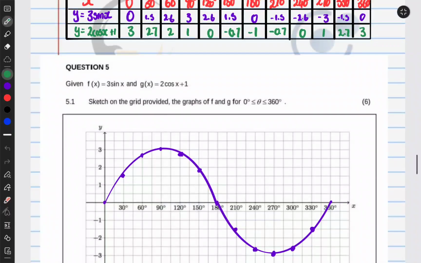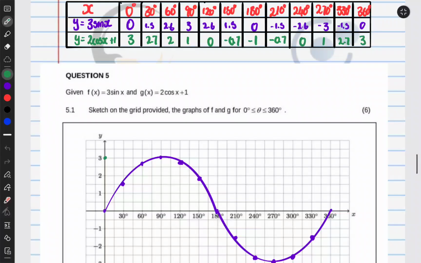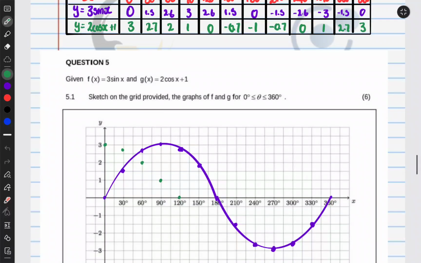Let's sketch the second one, where x is 0, y is 3, and we have 30 and 2.7. Here we have 60 and 2. We have 90 and 1. 120 and 0.